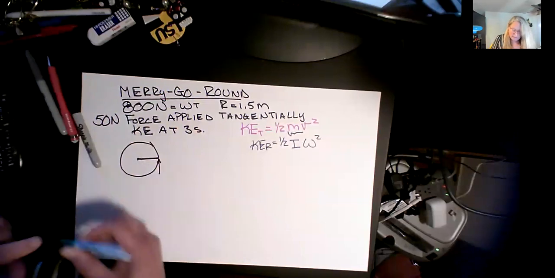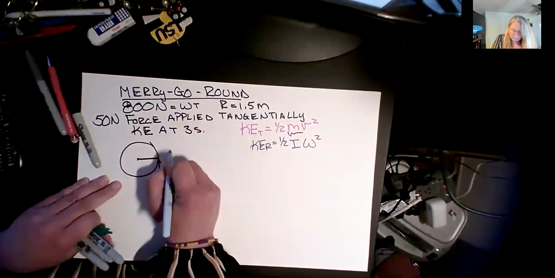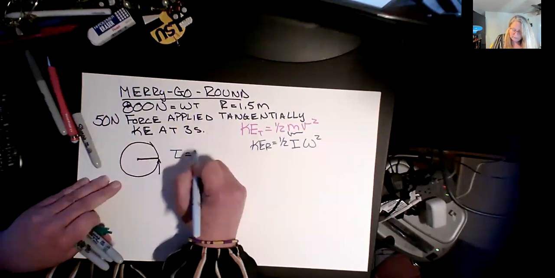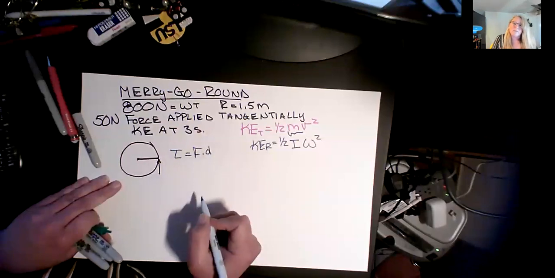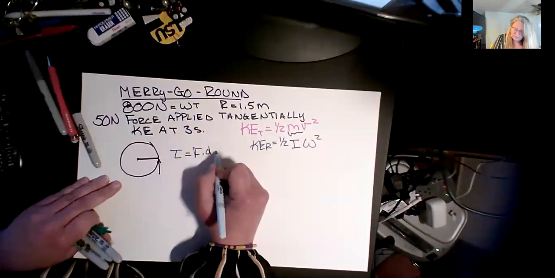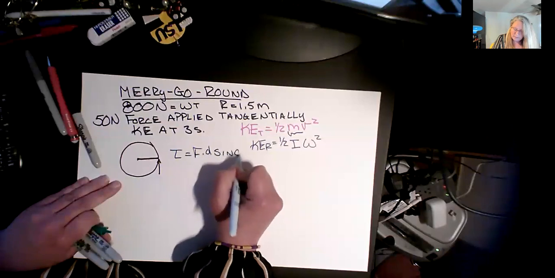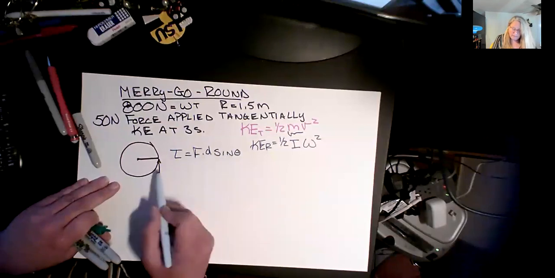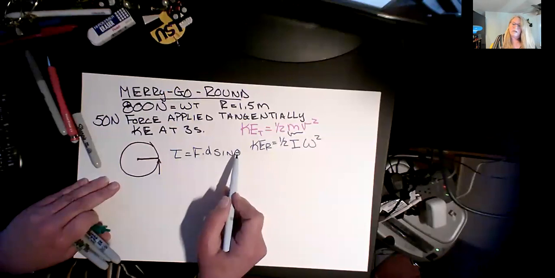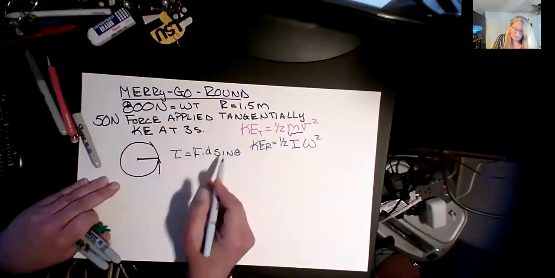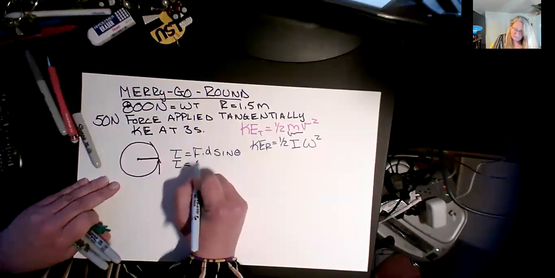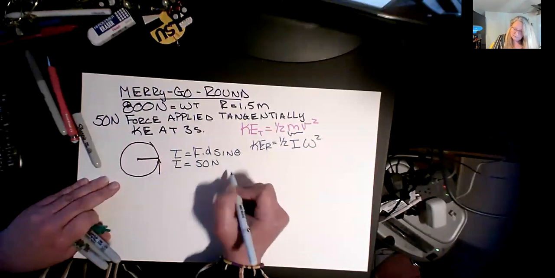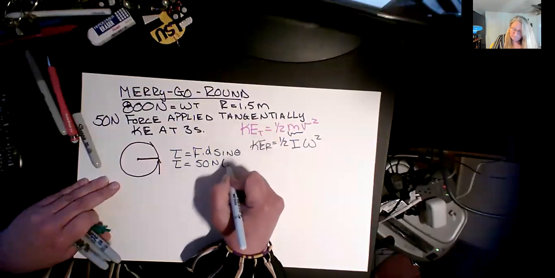So I have then my torque, if I remind myself, is going to be the force times the distance from the axis of rotation times sine of theta. So the angle between this and this. So this is 90, so that's just 1. And my torque then is going to be 50 newtons times this 1.5 meters.